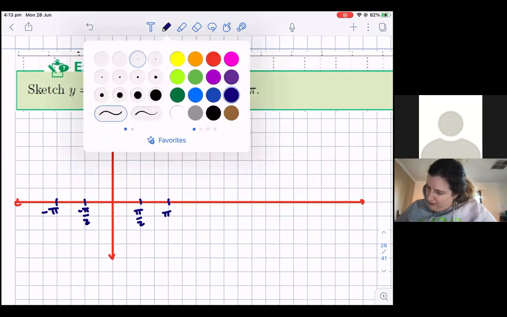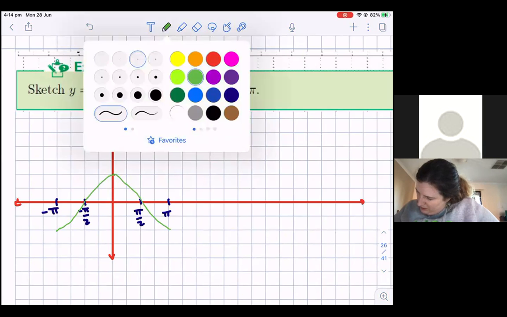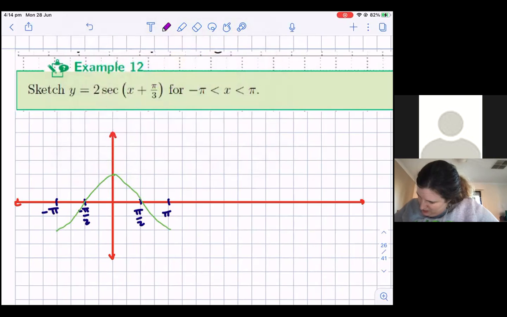If I was just drawing cos x plus pi on 3, or if I was just doing cos x, or 2 cos x, it would look like that. It's been moved right pi on 3.